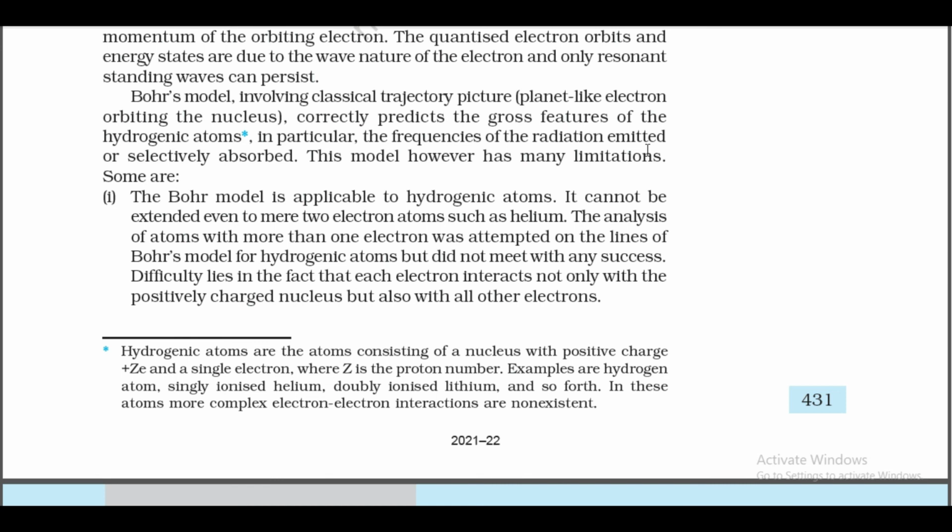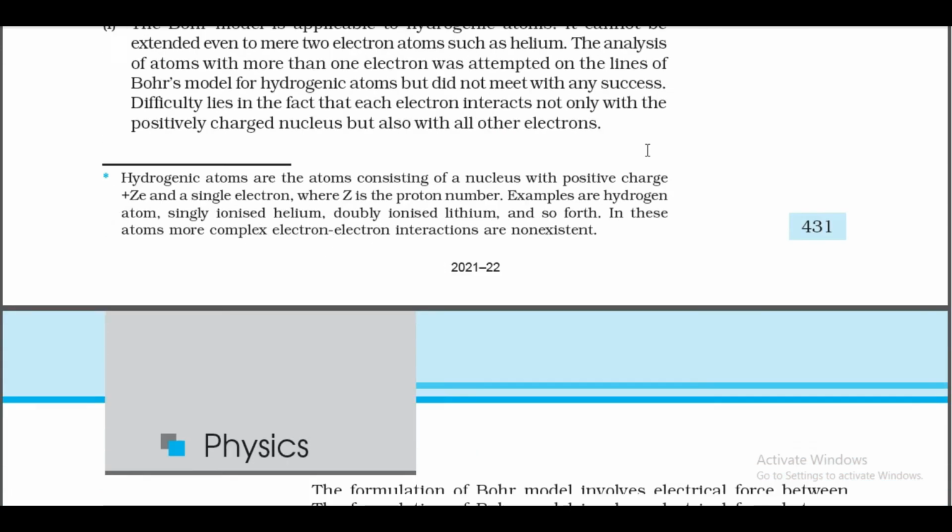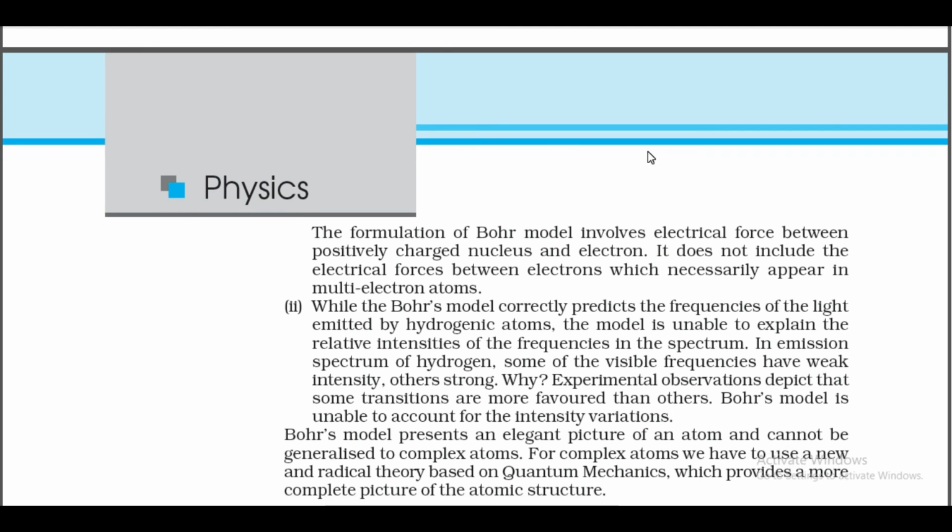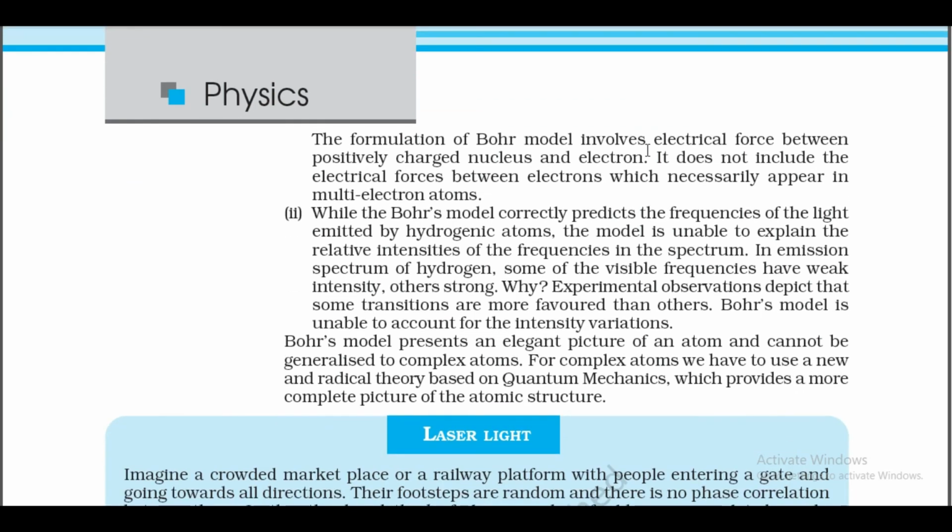The difficulty lies in the fact that each electron interacts not only with the positively charged nucleus but also with all other electrons. The formulation of the Bohr model involves the electrical force between the positively charged nucleus and the electron. It does not include the electrical force between electrons, which necessarily appears in a multi-electron atom.